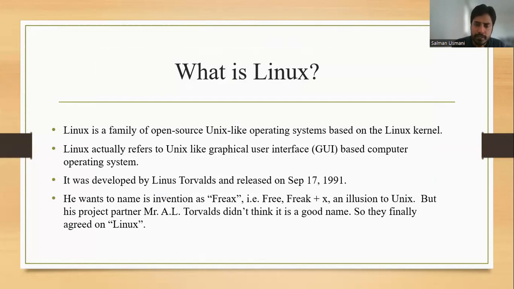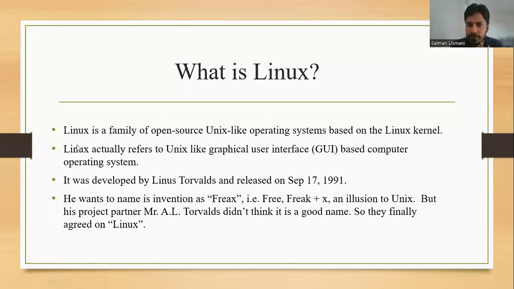Now the next point is, what is Linux? Obviously, as I said, Linux is an operating system. It's an open source Unix-like operating system, and as I said, each OS has its own kernel. So Linux comes with the Linux kernel. The actual reference of Linux is a Unix-like graphical user interface based computer operating system.